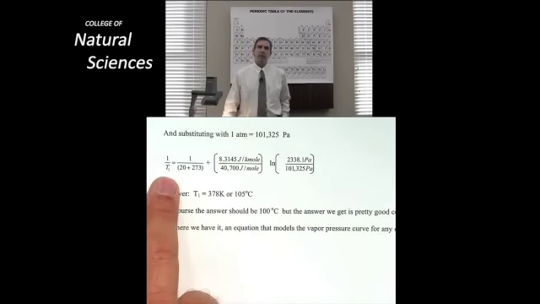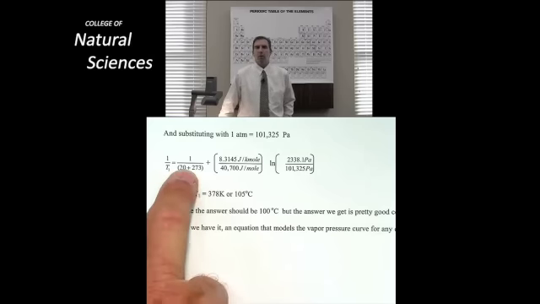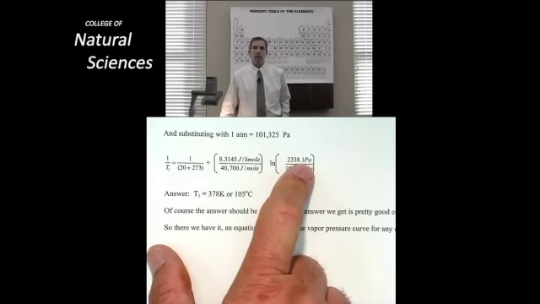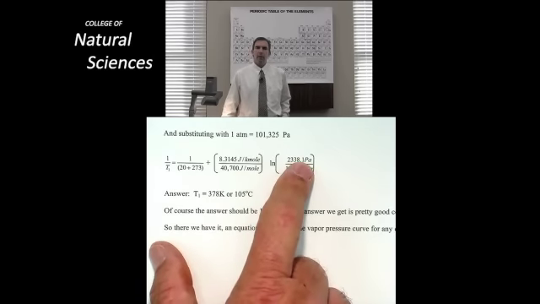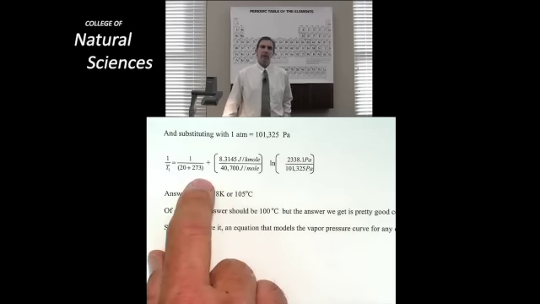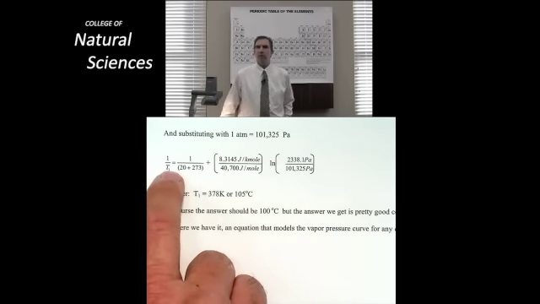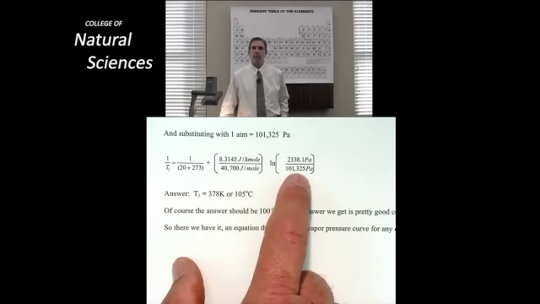What happens if I start with a known value for the vapor pressure at 20 degrees, and that value is about 17 torr, or 2,300 pascals. Now, I am going to try to find a new temperature at the point where I'm at 760 torr. That's about 1 atmosphere.